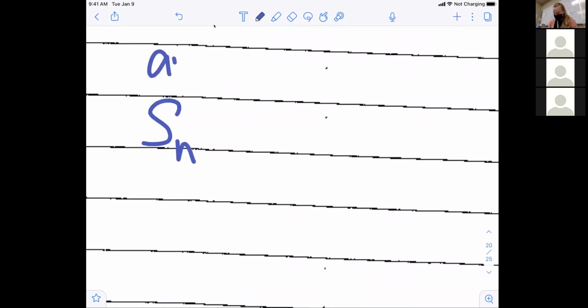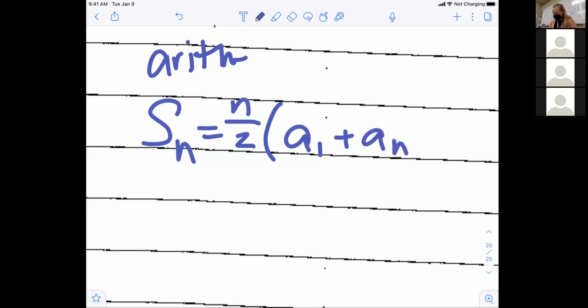When it's an arithmetic, I'm sure I spelled that really wrong, whatever, abbreviated there. When it's an arithmetic sequence, that means you're adding or subtracting to get to the next term. Your sum of that will be n divided by 2 times a sub 1 plus a sub n. N, remember, means the number of terms that we have.